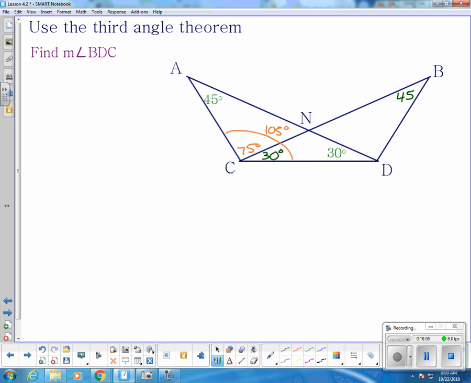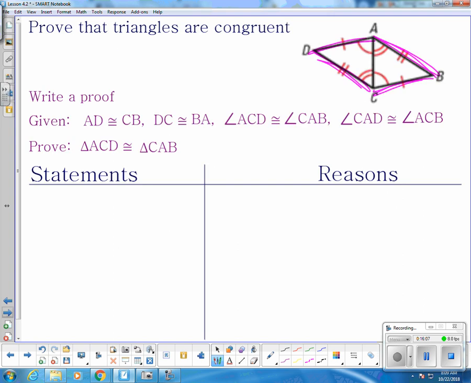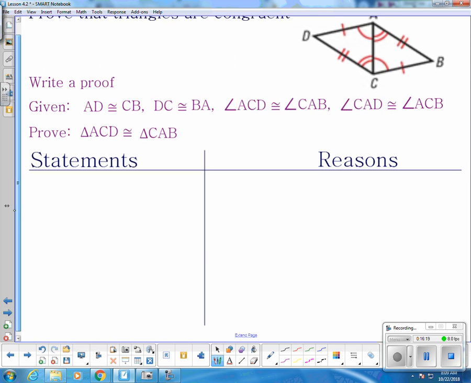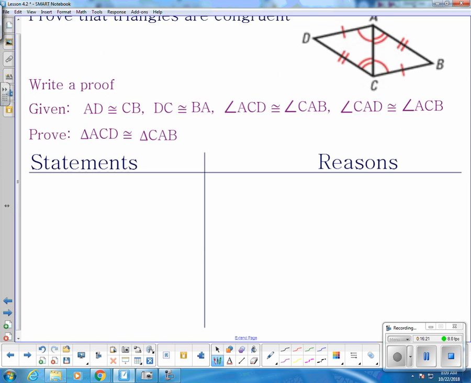Here we go. Let's try another one. Let's try the proof of it. Prove that the triangles are congruent. Now, write the proof, given all that stuff is congruent. Okay.